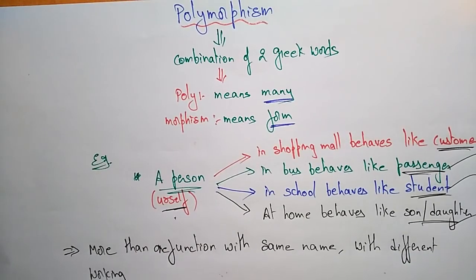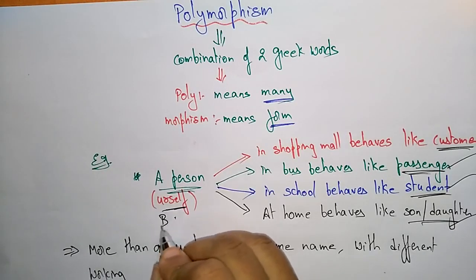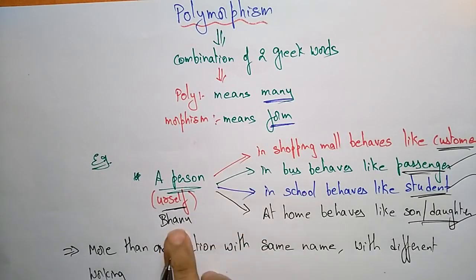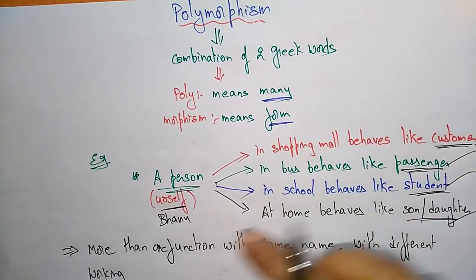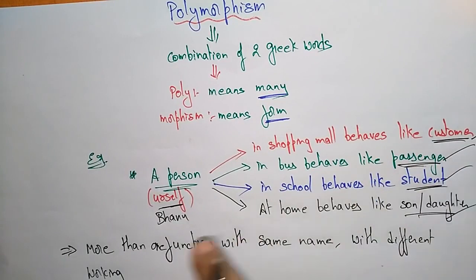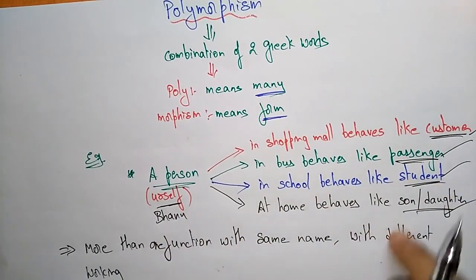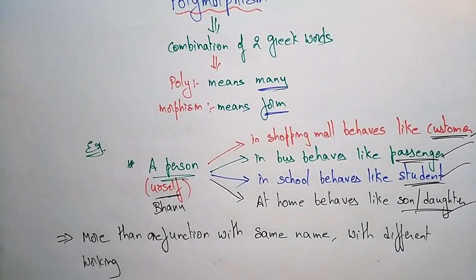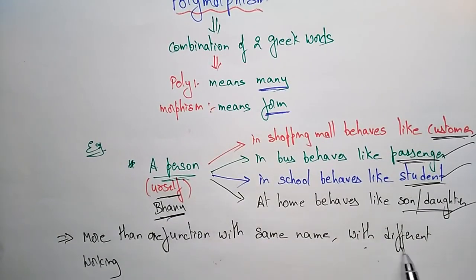Here your person, with the same name as Bhanu, is doing different work. Bhanu is acting like a customer, like a passenger, like a student, like a son or a daughter. So more than one function with the same name but with different working, you call it polymorphism.